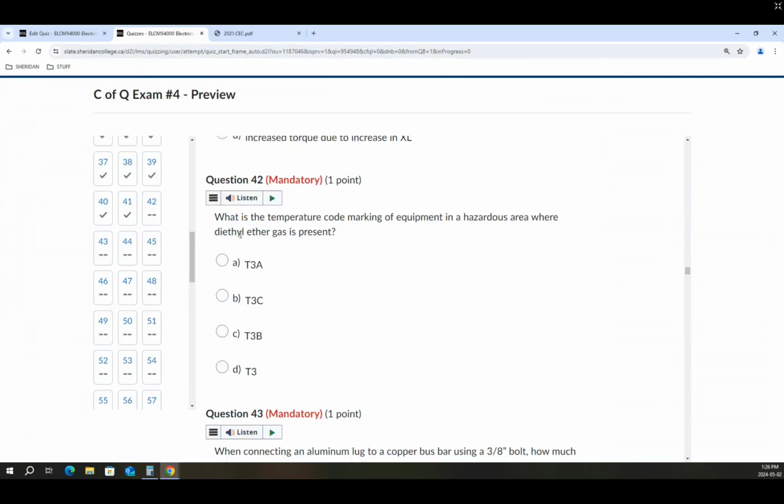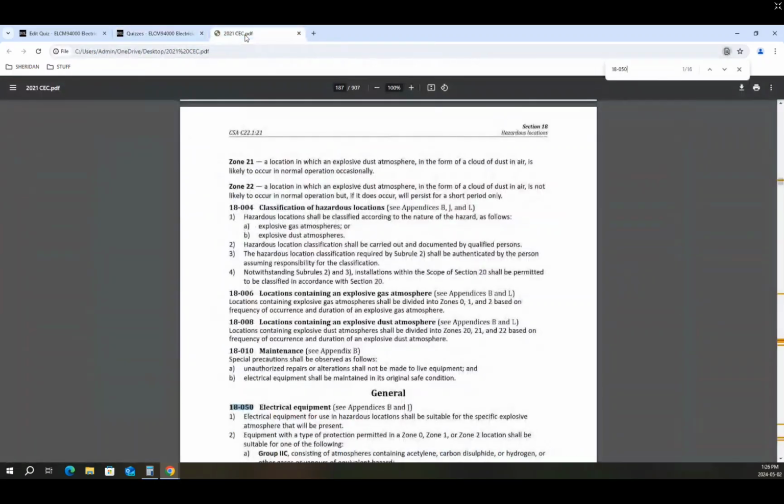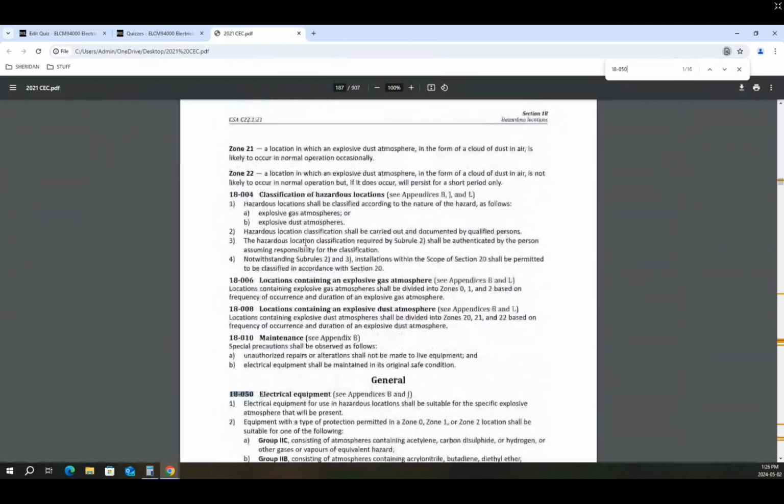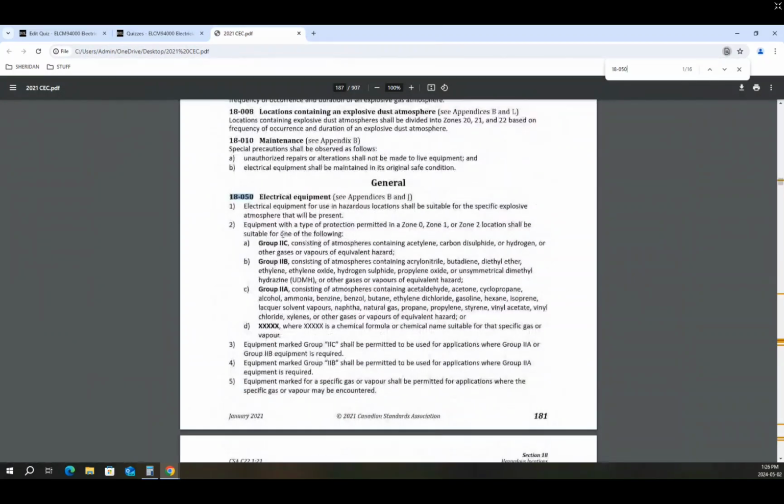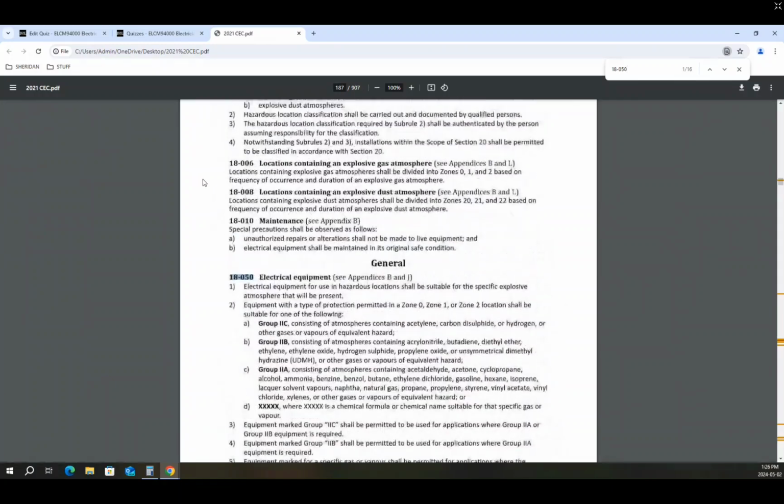So in a hazardous area where we have diethyl ether gas, equipment with a type of protection permitted in zone 0, zone 1, zone 2 shall be suitable for one of the following.